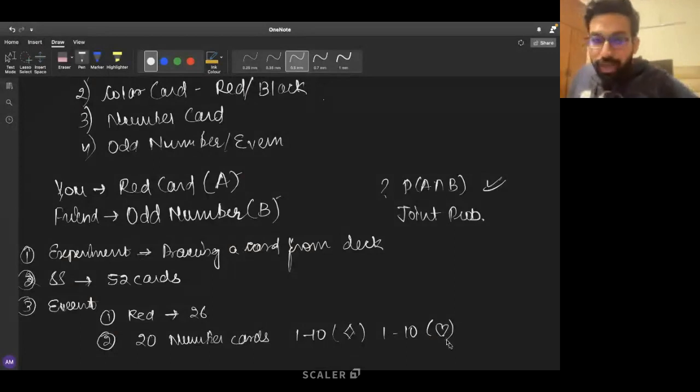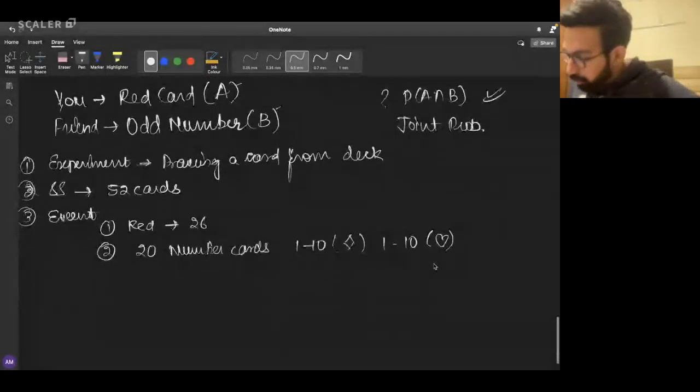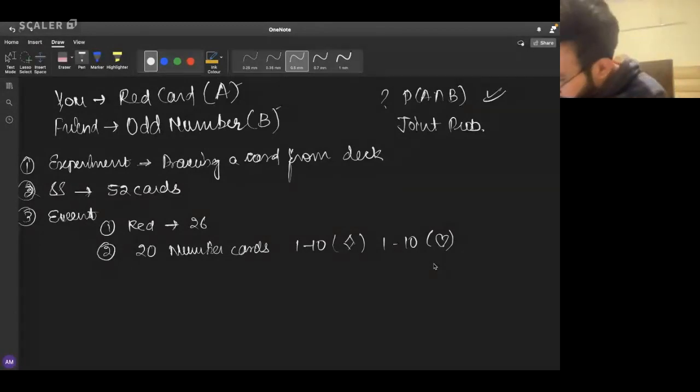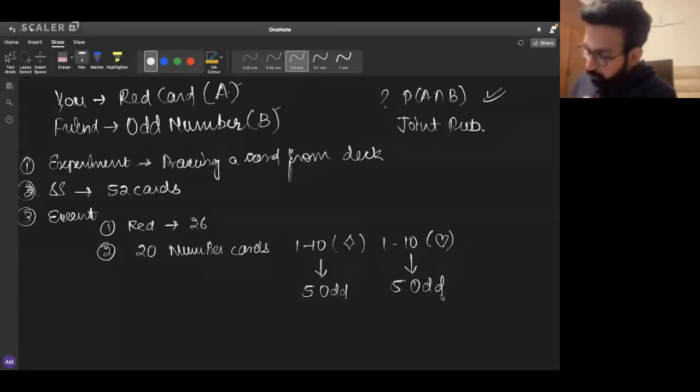So we have 20 numbered cards in total, and out of those we are looking for odd-numbered cards. So 5 odd number cards from here and 5 odd number cards from here.